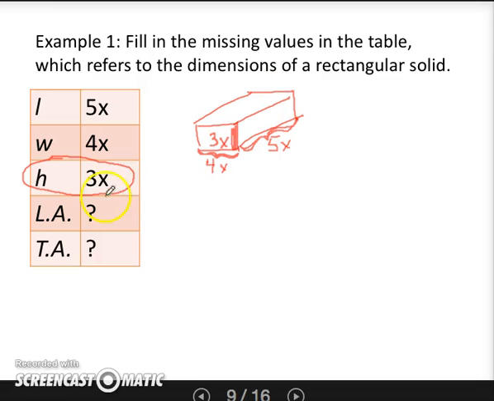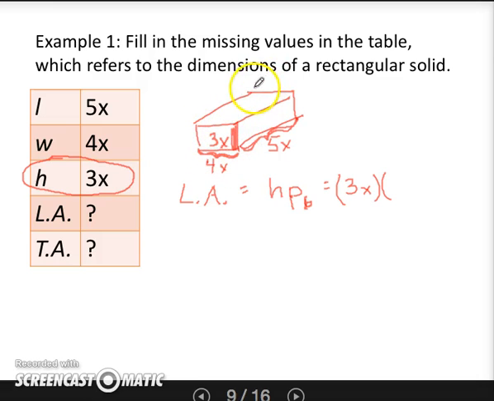So to jump right in here, the lateral area is going to be the height times the perimeter of one of the bases. I'm going to put a little subscript b there so that we can remember it's the perimeter of a base. So the height, we've been told, is 3x. So what's the perimeter of one of the bases? Well, here's the base.